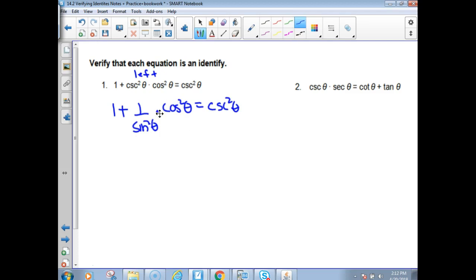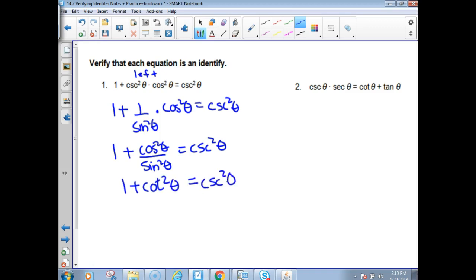Next, I would go ahead and multiply the fractions. So I'll have 1 plus cosine squared theta over sine squared theta equals cosecant squared theta. What's cosine squared over sine squared? It's one we want to learn. It's cotangent squared. 1 plus cotangent squared theta equals cosecant squared theta.